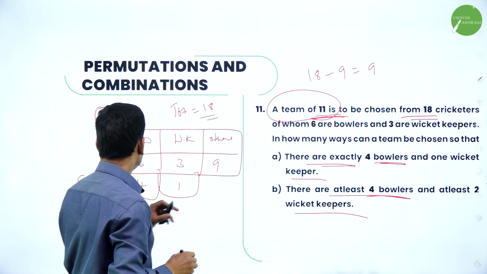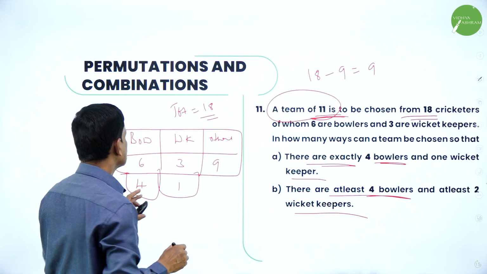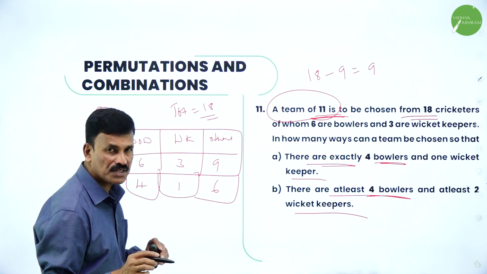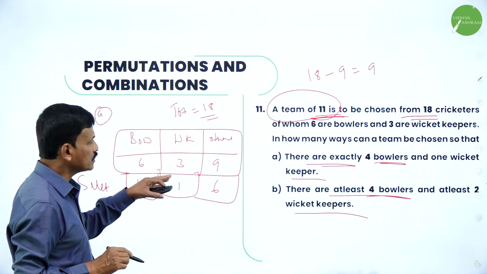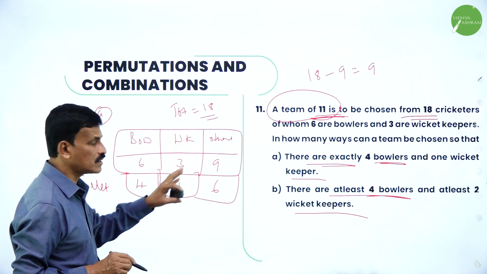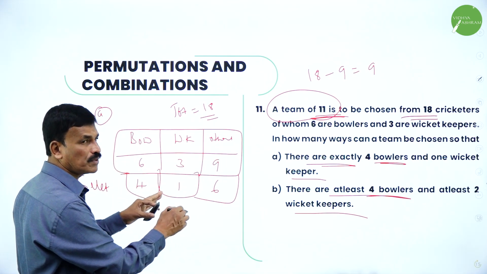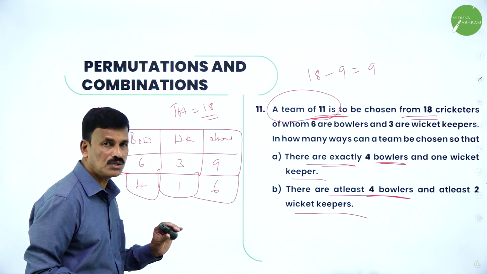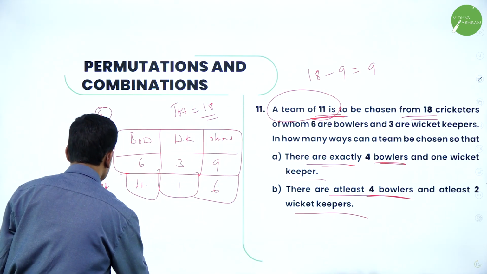Out of this 11, already 4 plus 1, 5 are chosen. 11 minus 5 is remaining 6. So this is the first condition. The number of bowlers is 6, wicket keepers 3, and other players 9, in which we are going to select 4 bowlers, 1 wicket keeper, and 6 other players.